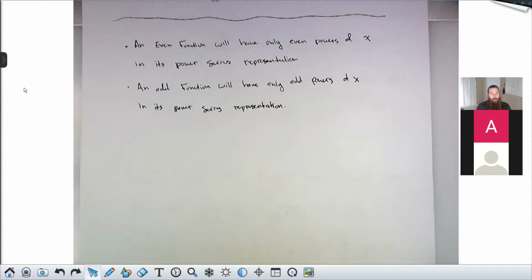It's not terribly hard to prove that if you start with a series that only has even or only has odd powers of x, the resulting function will be an even or an odd function. But the converse is a little bit harder to prove, saying that if you start with an even function, its power series will only have even powers, or if you start with an odd function, its power series will only have odd powers. But it is true. So this is one of those exciting things that we're able to discover now.